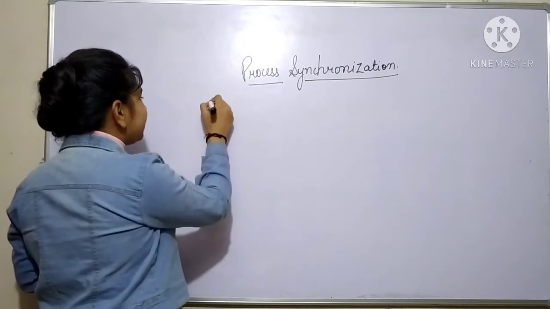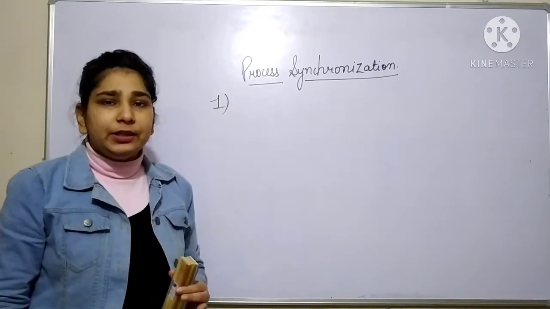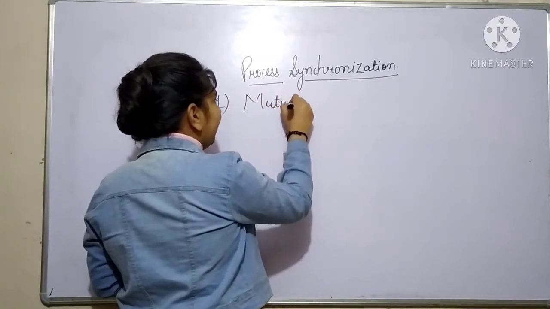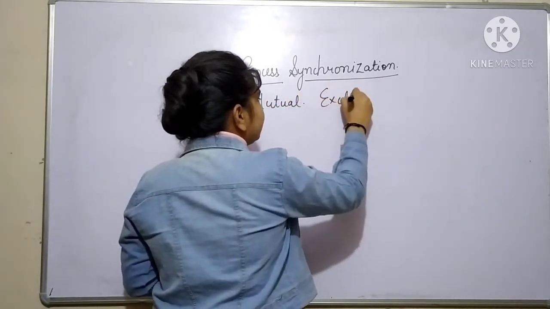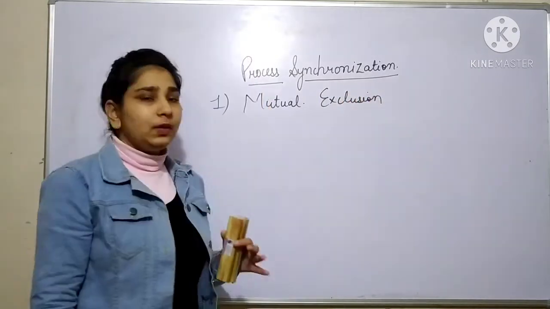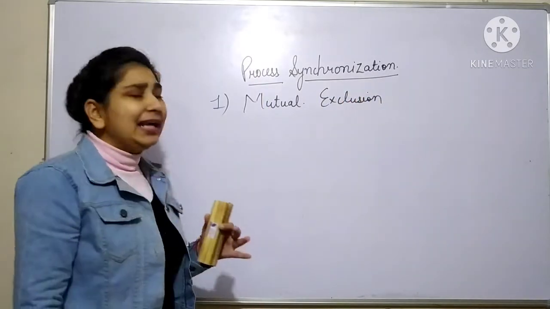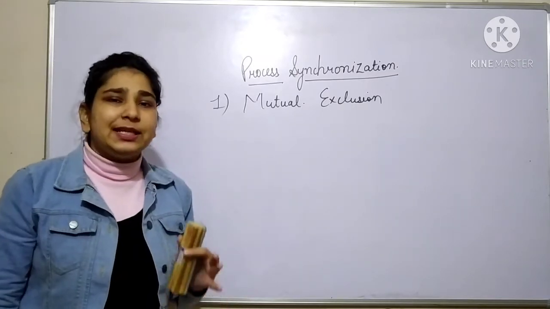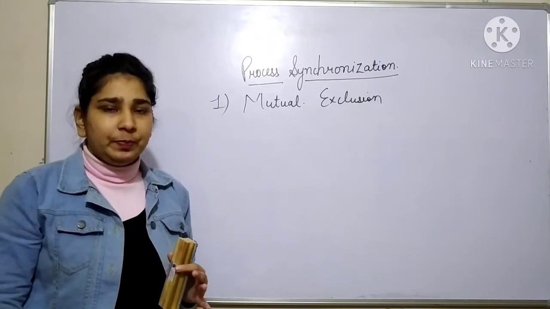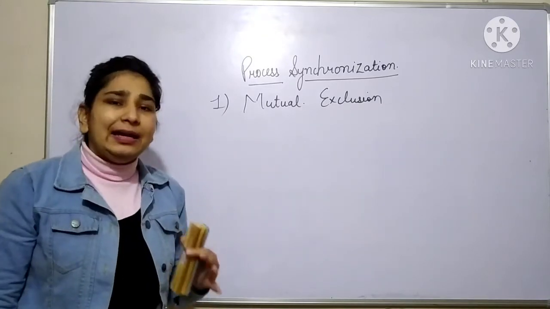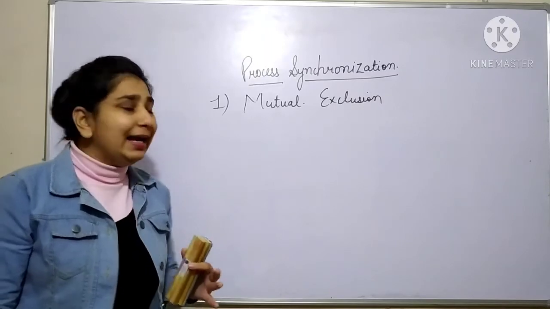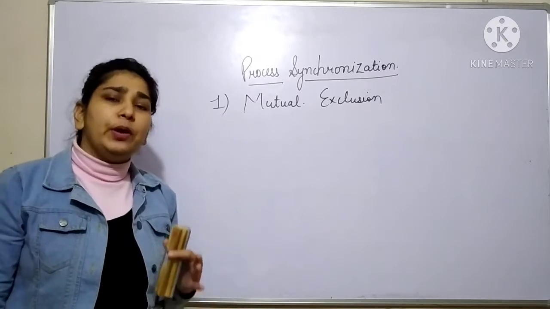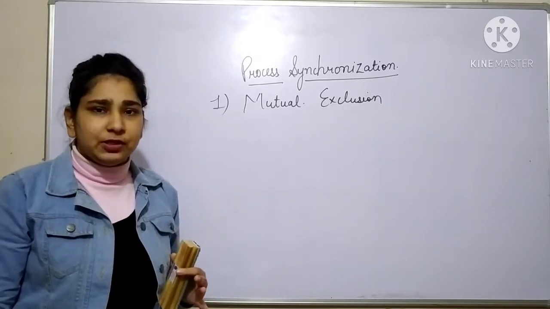So, the first condition your algorithm should follow is mutual exclusion. Mutual exclusion means at one particular point of time, only one user request can access the variable. We should design our entry section in such a way that at one point of time, only one request is going to enter into the critical section.